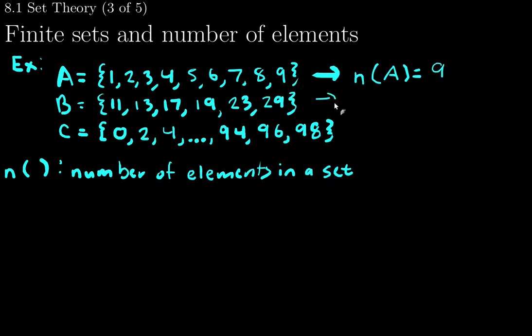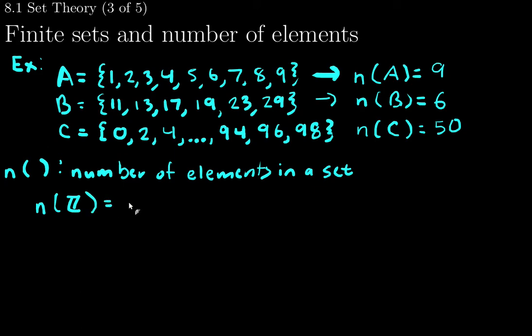The number of elements in set B is going to be 6. The number of elements in set C is going to be 50 if I were to count them all. And these are finite. Just to wrap things up, this number of elements can be used for infinite sets as well. So, for instance, the number of elements in the integers is infinity.